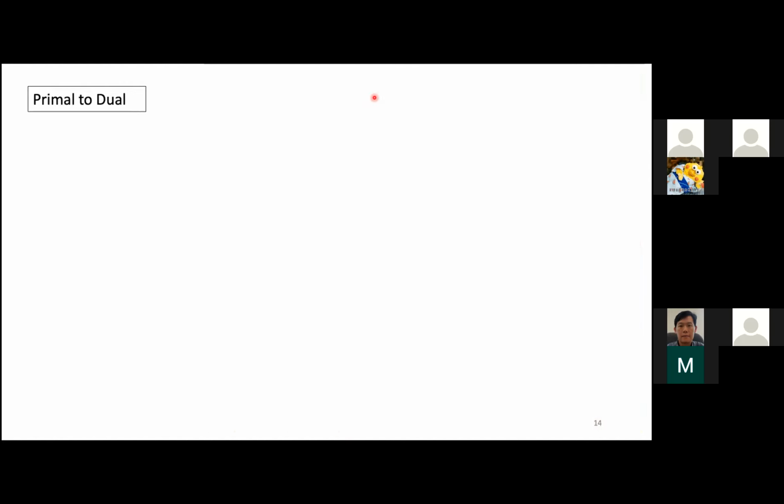And here, as I mentioned before, we use the dual approach to deal with our problem. So here I will just quickly review how to transfer the problem from the primal to the dual. So the first thing is that we define the primal problem as here.